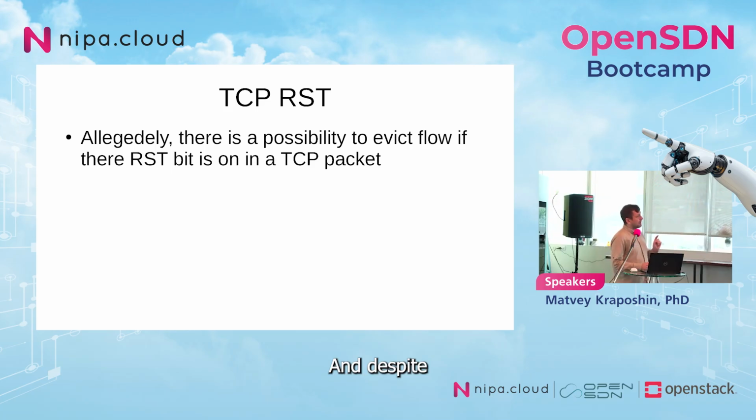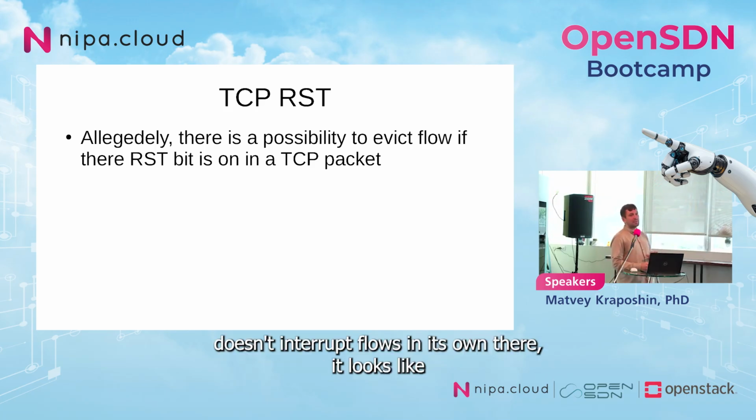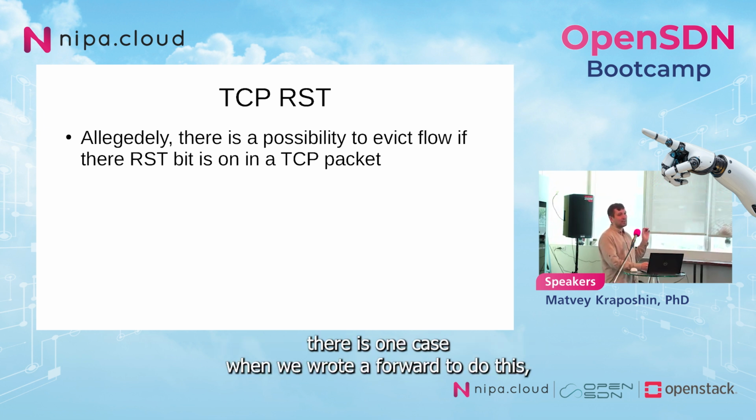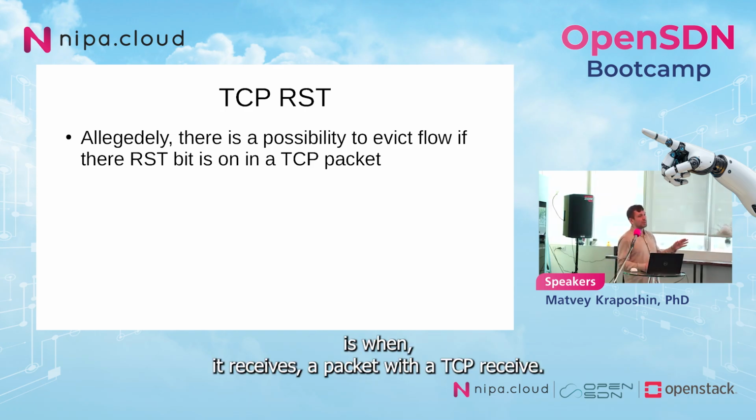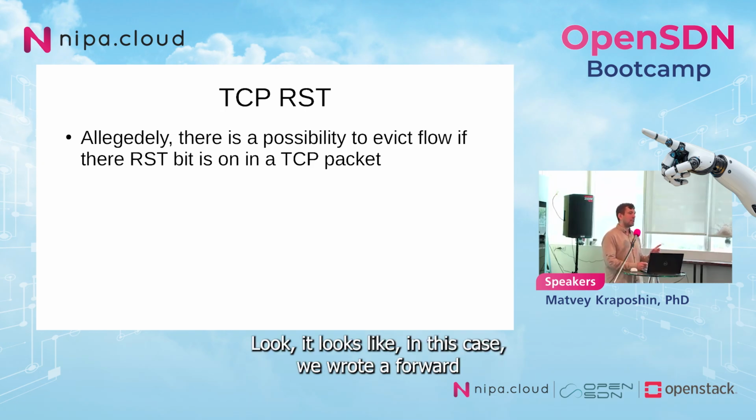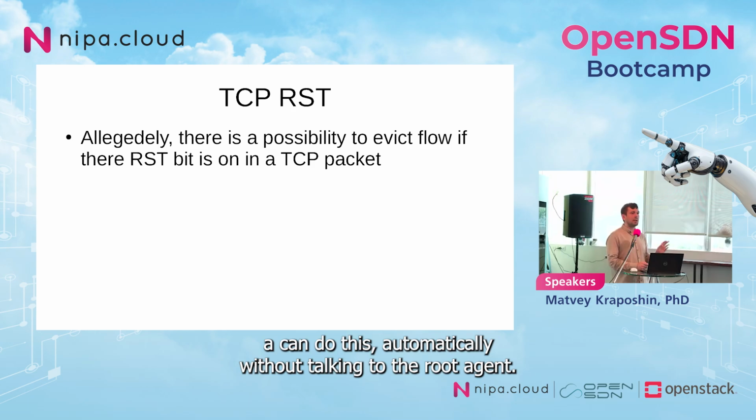And despite I told you that vRoute forwarder doesn't interrupt flows on its own, it looks like there is one case when vRoute forwarder does this, when it receives a packet with a TCP RST flag. Looks like in this case, vRoute forwarder can do this automatically without talking to vRoute agent.